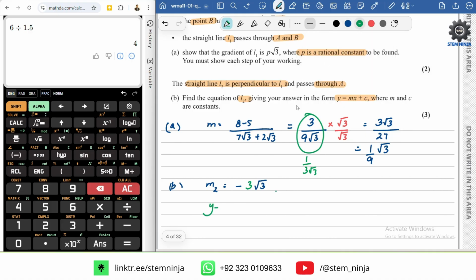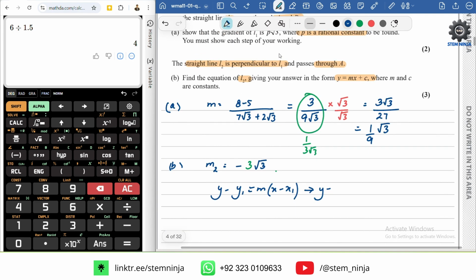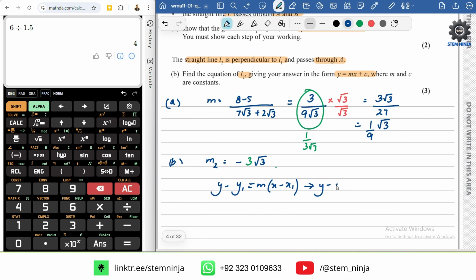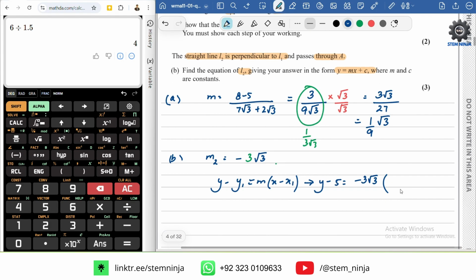So y minus y1 equals m times x minus x1. We plug in the values. y1 is 5, since it's passing through A, and m is minus 3 root 3, times x plus 2 root 3.